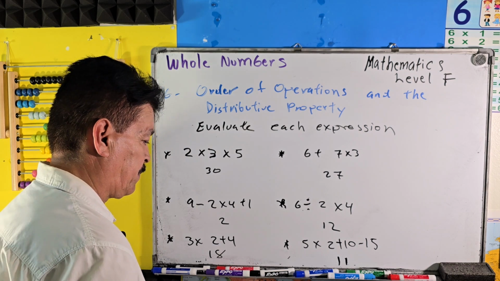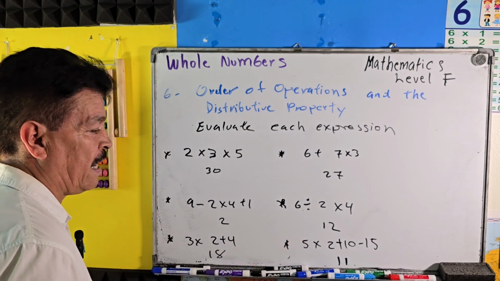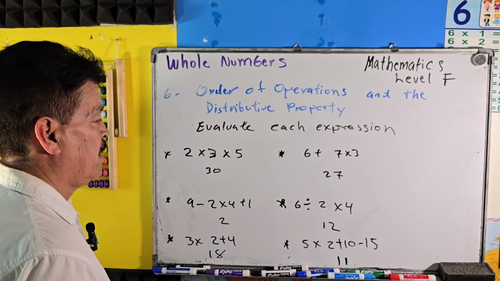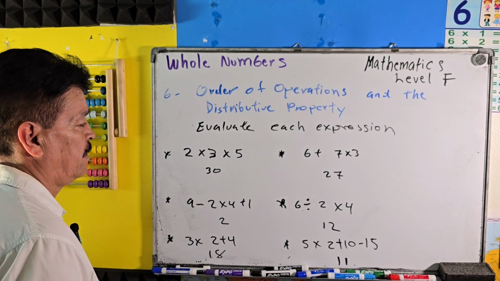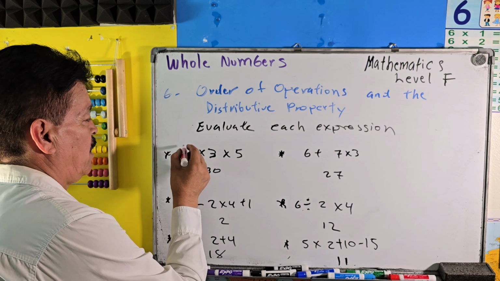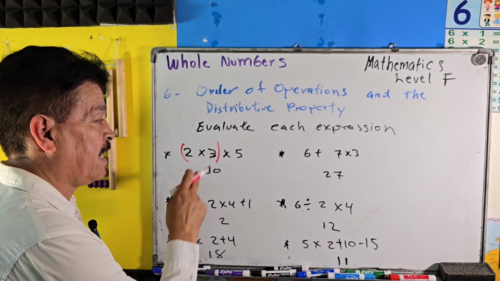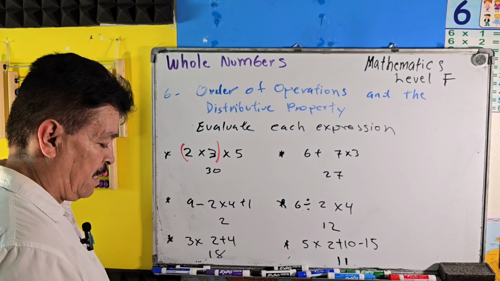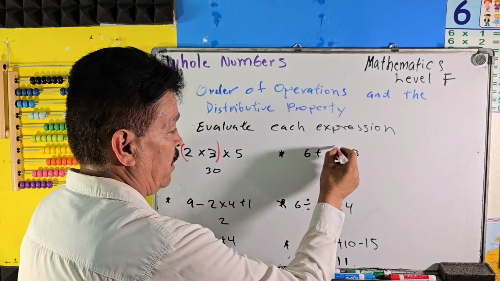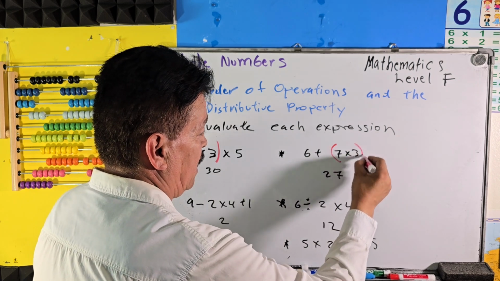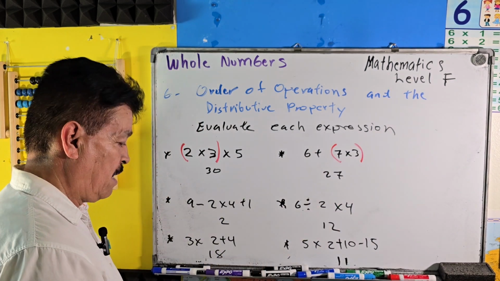All right, we have to evaluate these using the rules. You have the answers already right here. So this is 30: 2 times 3 is 6, 6 times 5 is 30. The next one we have 6 plus something is 27: 7 times 3 is 21, plus 6 is 27.